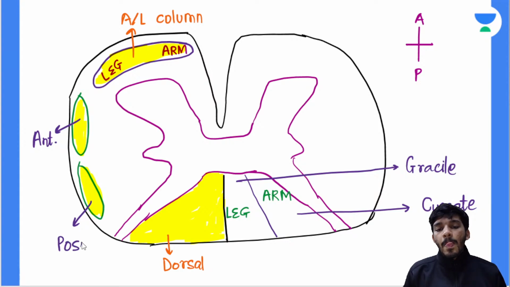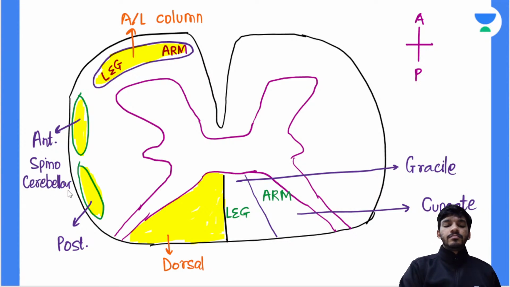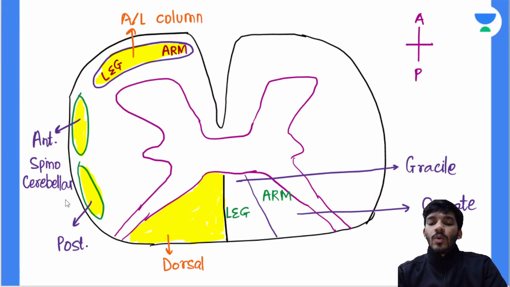These are spinocerebellar. So now will you be able to draw all the ascending tracts in one diagram? Is it simple to draw? Based on the position, it is very, very simple to draw on one side all the ascending tracts. Will you all be able to draw?